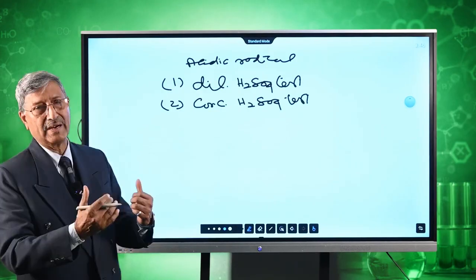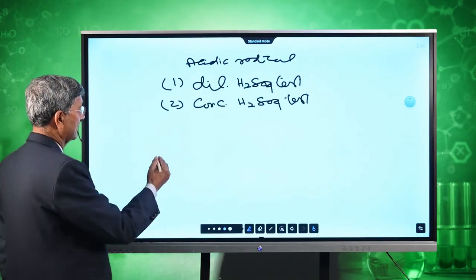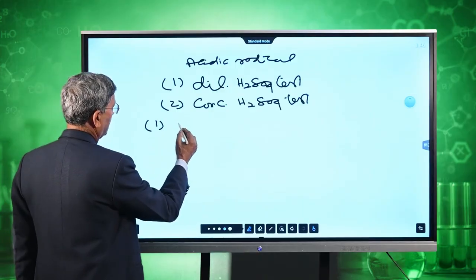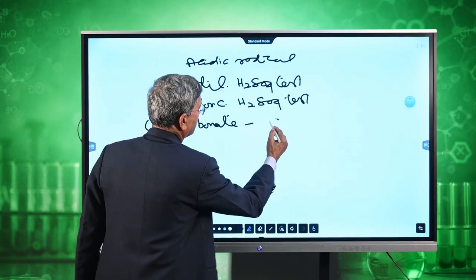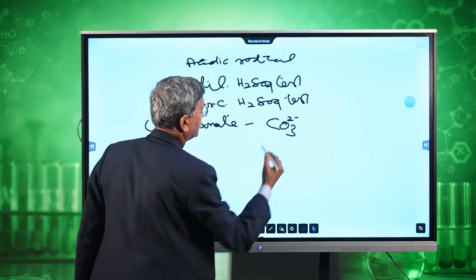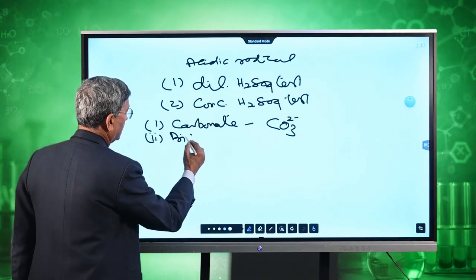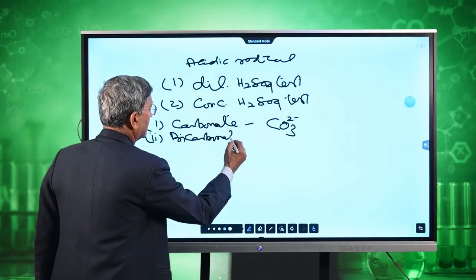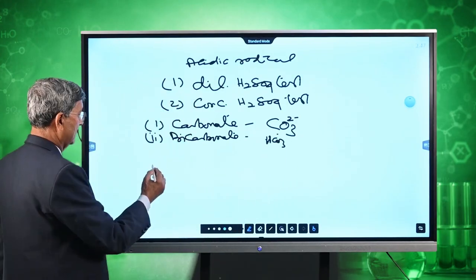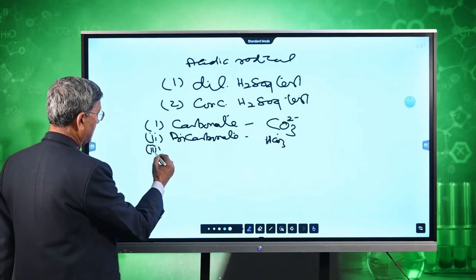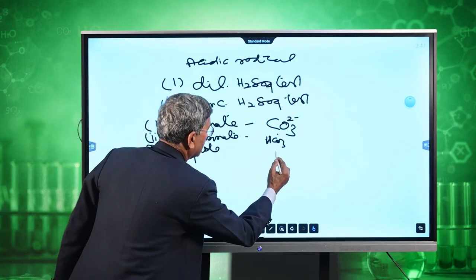Now, which are the simple radicals or anions which we test with the dilute H2SO4 test? These are: carbonate, that is CO3 2-. Number two is bicarbonate, that is HCO3 -1. Then third is sulfide, S2-.